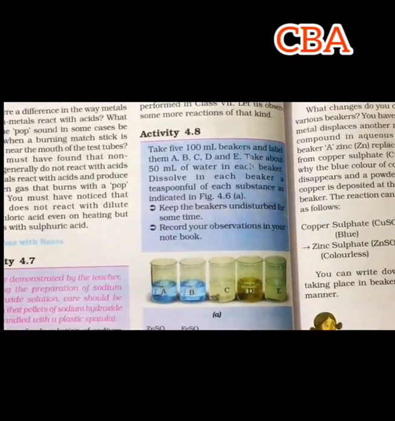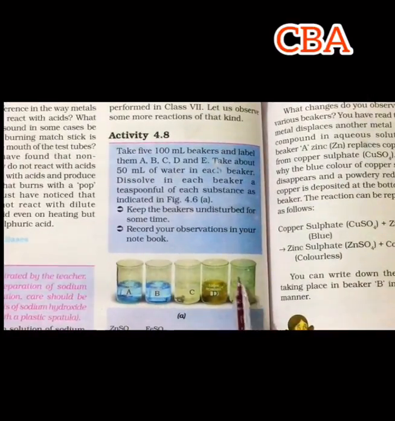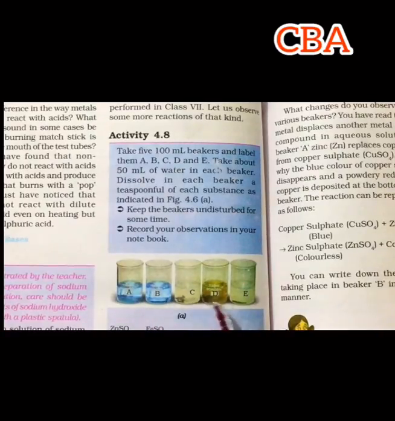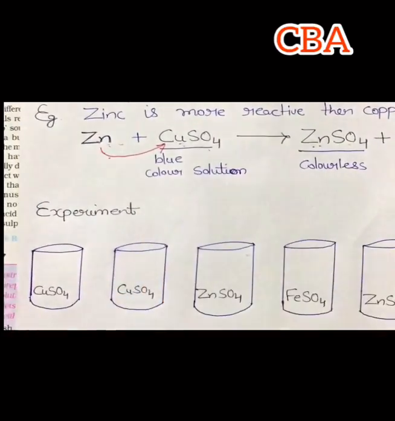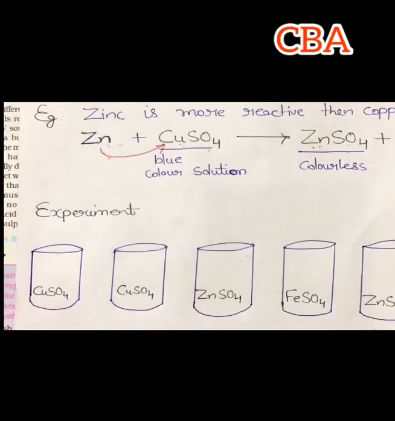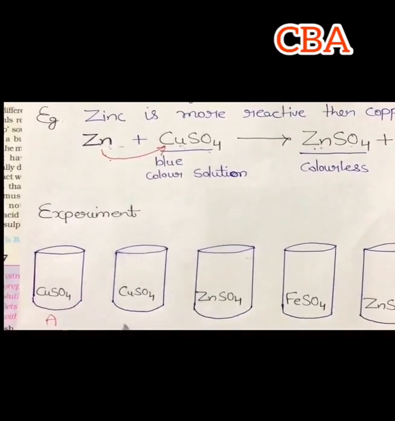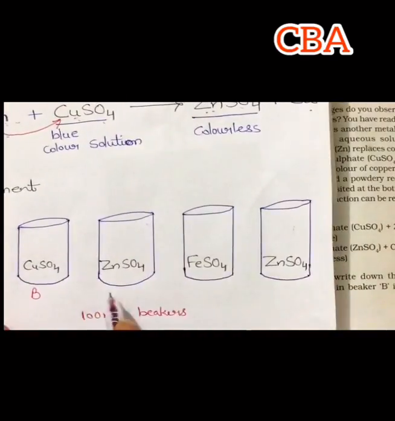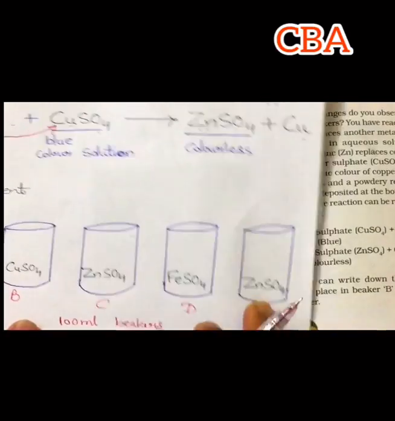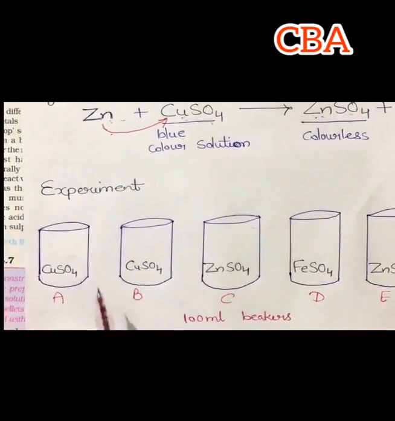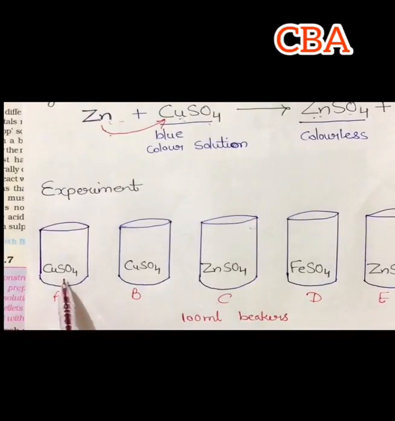In this activity, we are taking 5 beakers of 100 ml each and naming them A, B, C, D, E. Here I am taking 5 beakers, that is first, second, third, fourth and fifth. Now in the first beaker I am taking copper sulfate solution, that is CuSO4.